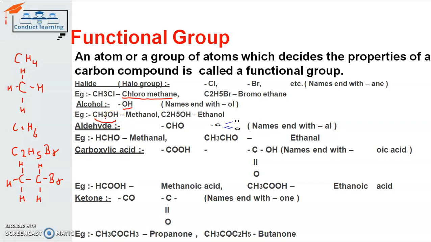We replace one hydrogen atom of methane with one OH group, and it becomes methanol. By doing this, carbon shares all its 4 electrons with either hydrogen atoms or the alcohol group.